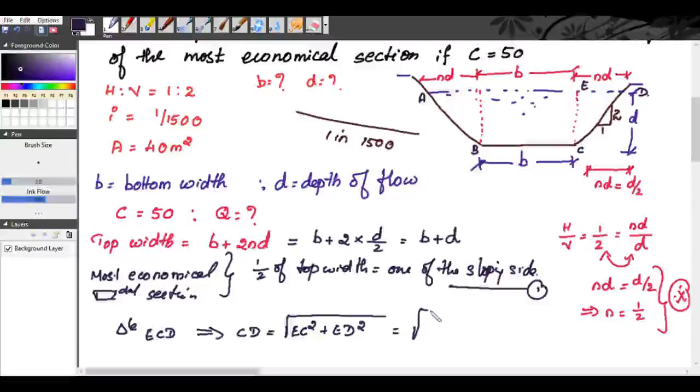This is nothing but square root of EC is d, so d square, plus ED is nd, the whole square. nd is d by 2, so d by 2 the whole square.